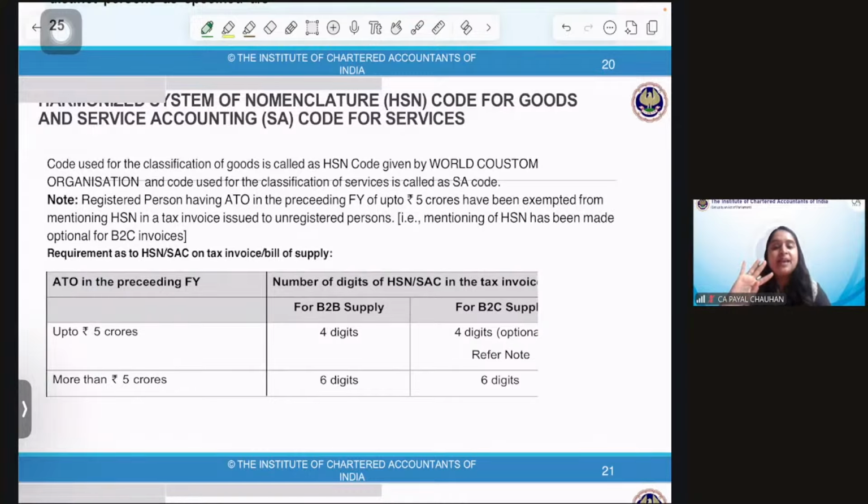And if I'm making a B2B supply, 4 digit. If my aggregate turnover in the preceding financial year was exceeding 5 crore, how many digits? 6, and in both the cases, B2B also and B2C also.